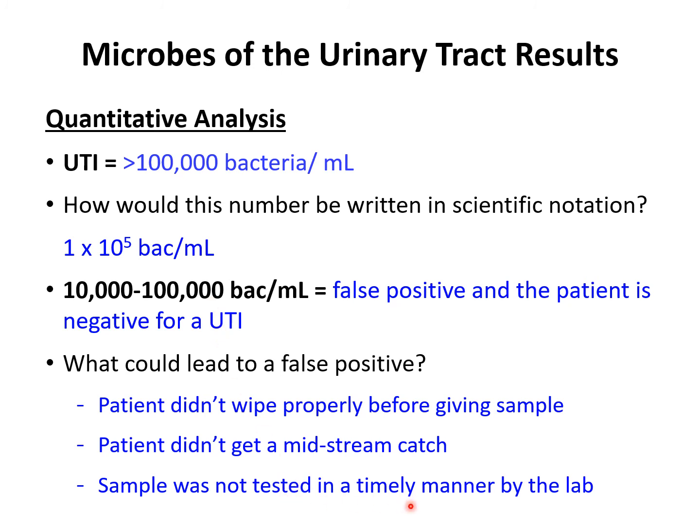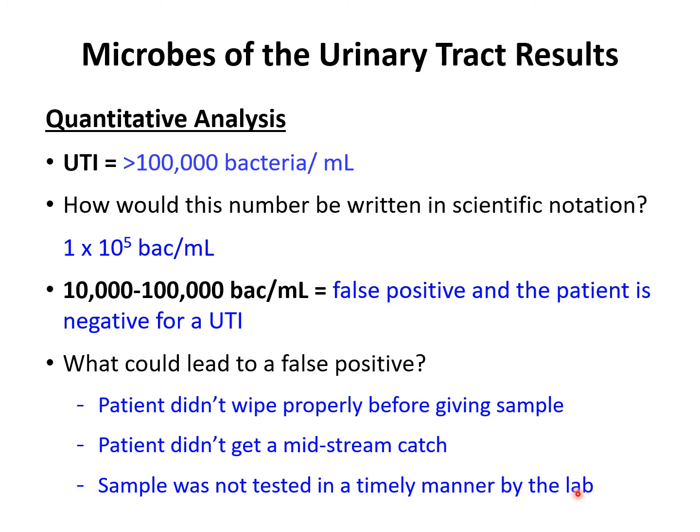But as I said, this is very rare, right? They're usually pretty good at not making mistakes like this. But if they do and they realize, oops, something went wrong with the batch and they didn't test it in a timely manner, they're going to call you up and ask you to come back and give them a new sample.